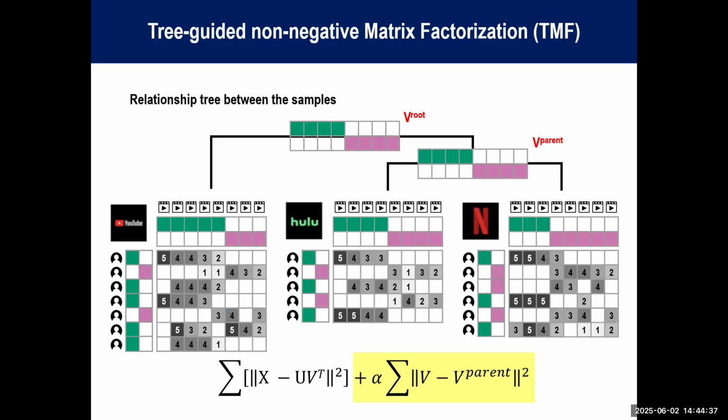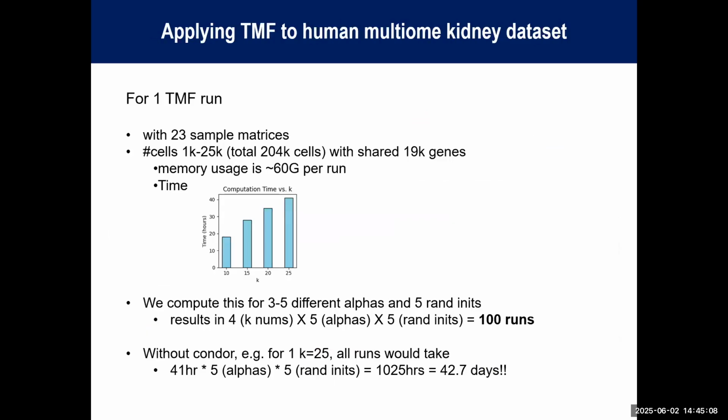Let's assume that there are different users in each of these platforms, but the list of movies is similar. So what TMF does is, basically we infer U and V matrices, the smaller two matrices. The tree can restrict the algorithm to have the factors of two related species to be similar. Again, in the optimization problem, we have a regularization parameter to restrict this.